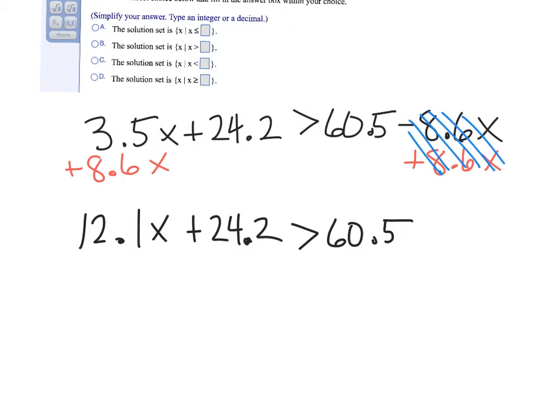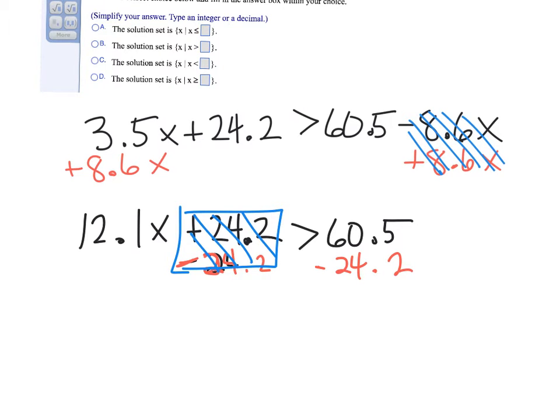All right, and then I'm going to subtract 24.2 from both sides, except I want to do it in red. And this right here, plus 24.2 minus 24.2, equals 0.